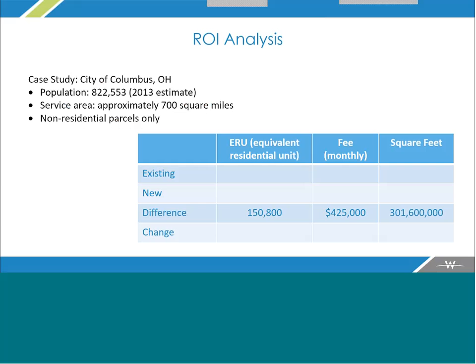What they saw using the process, and this was a few years ago now, was an increase of around 150,000 ERUs, which equated to around $425,000 additional per month for their stormwater utility. In square feet, you see there is over 300 million square feet, so a lot of area.